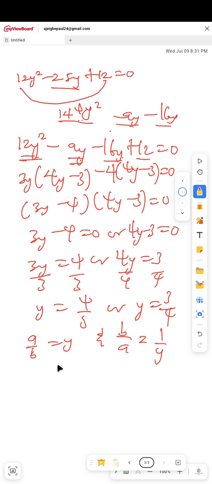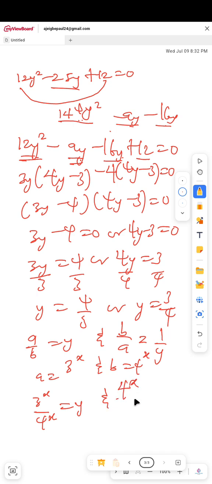And more so, we know that a is equal to 3 raised to the power of x, and b is equal to 4 raised to the power of x. So a over b can be written as 3 raised to the power of x over 4 raised to the power of x, which is equal to y, and then 4 raised to the power of x over 3 raised to the power of x is equal to 1 over y.